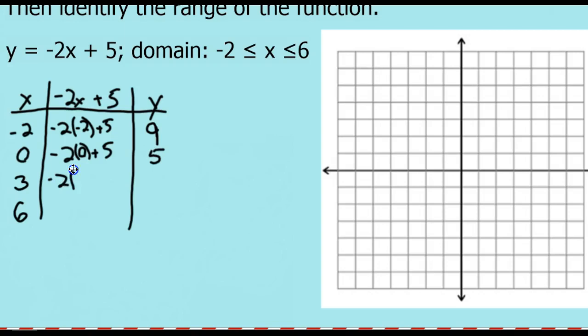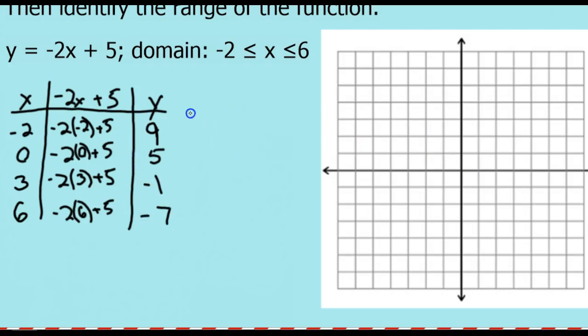Negative 2 times 3 plus 5. Negative 2 times 3 is negative 6, plus 5 is negative 1. And negative 2 times 6 plus 5. Negative 2 times 6 is negative 12, plus 5 is negative 7.